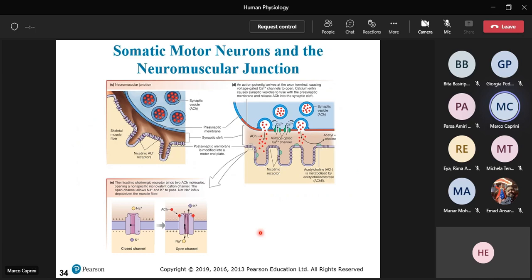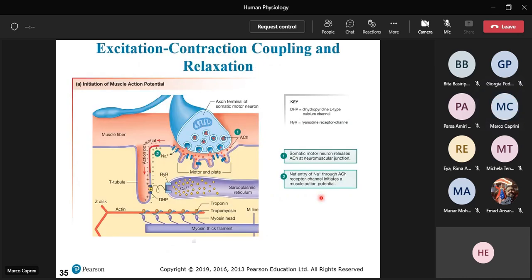And the next slide is the entire production of a contraction of a skeletal muscle. Again, the somatic motor neuron releases action potential at the neuromuscular junction.